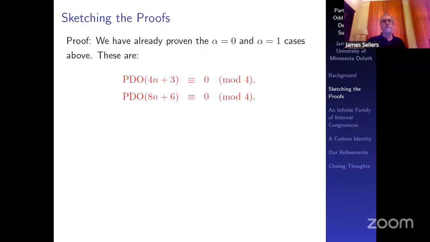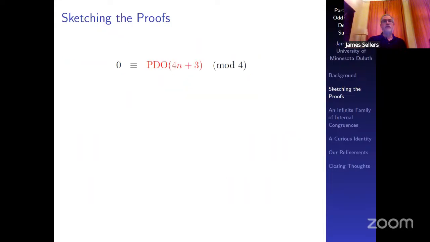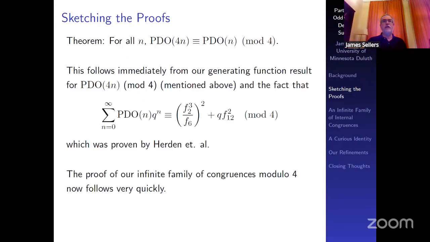I've already proven the alpha equals 0 and alpha equals 1 cases. Those were those. I put them in red earlier as well. And now the proof goes through immediately. Here we go. You know that PDO of 4n plus 3 is congruent to 0 mod 4. I've already proven that. And now you use the fact that PDO of 4n is congruent to PDO of n mod 4.